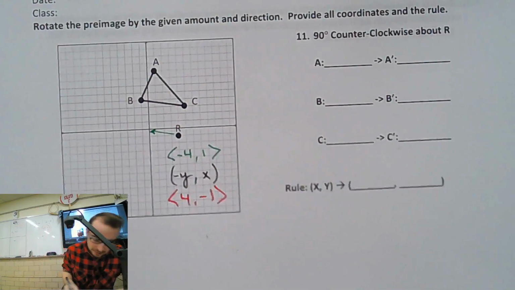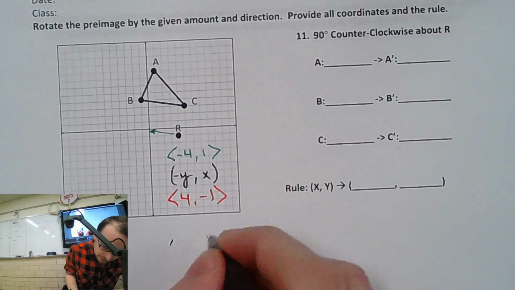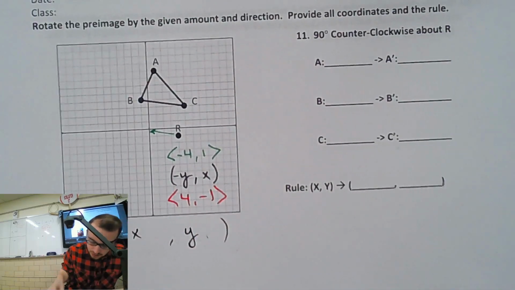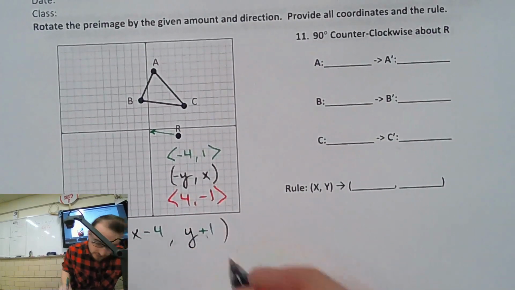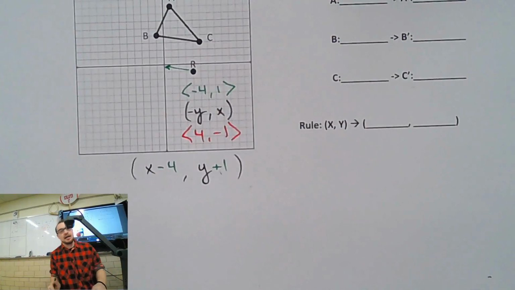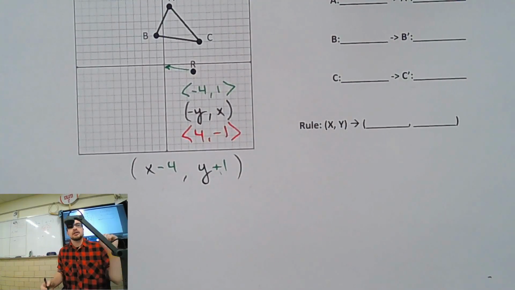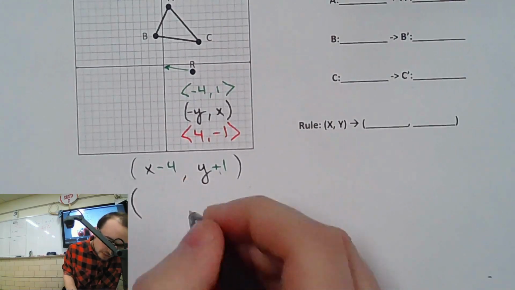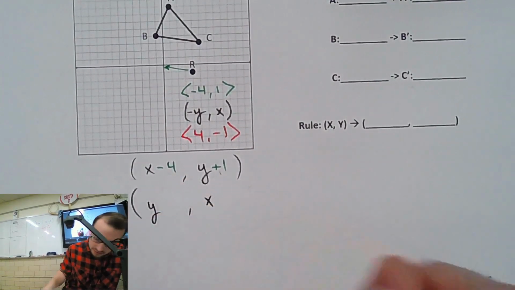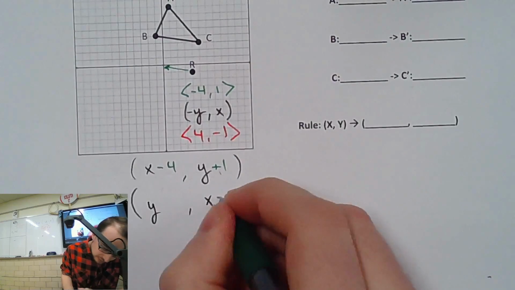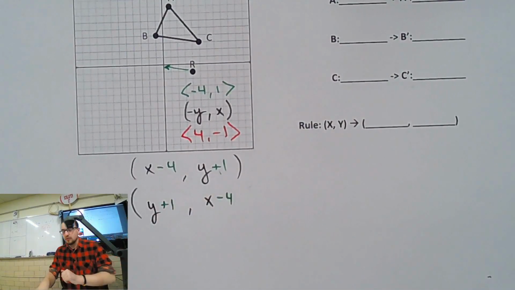I'll write it anyway. So, first I'm going to take my x and y, and I'm going to subtract 4 and add 1. Now for this one, unfortunately, I have to switch my x and y, and because I write in pen, I have to switch them all together, right? So I got to rewrite this. Sorry. Takes up time. You see how everything moves with it when I flip them?